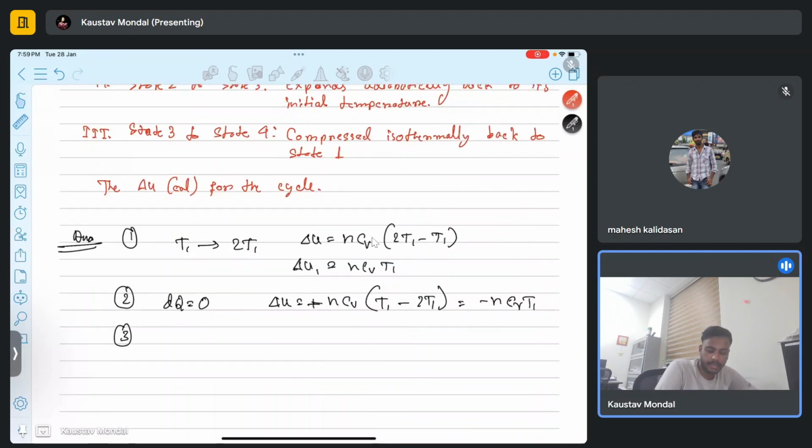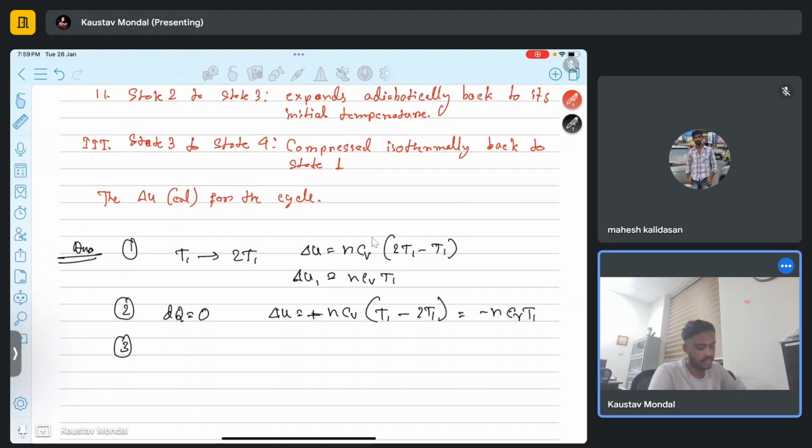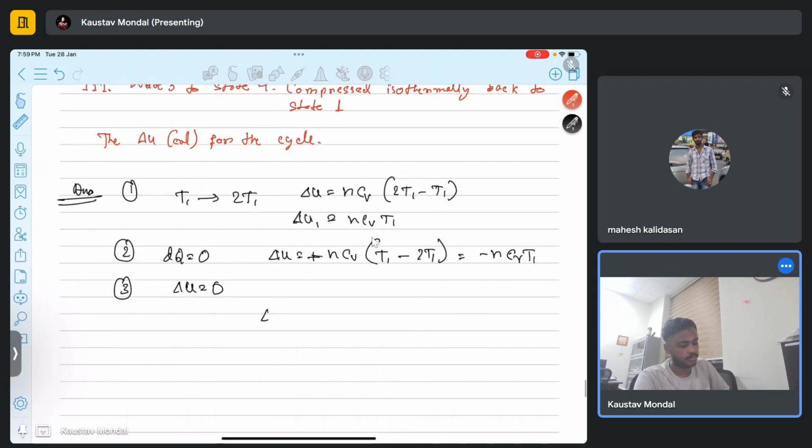The temperature is not changing here, so delta U3 will be equal to 0. So delta U total is delta U1 plus delta U2 plus delta U3, which is n CV T1 minus n CV T1 plus 0. So that will give us here.